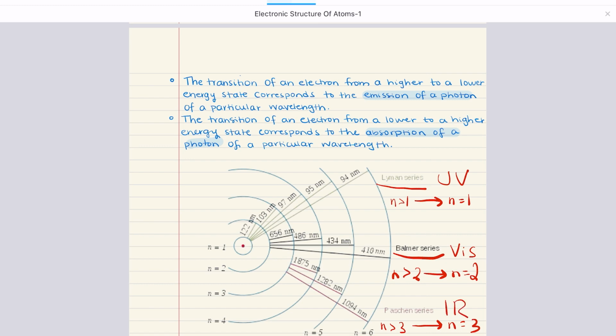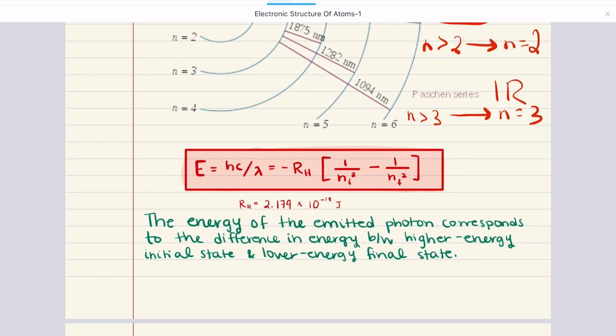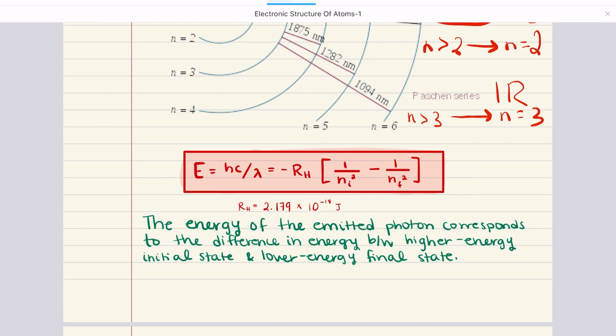Now, in addition, the energy of the emitted photons corresponds to the difference in energy between the higher energy initial state and the lower energy final state that we can calculate using an equation called the Rydberg formula. This equation is essentially saying the following. The energy of the emitted photon corresponds to the difference in energy between the higher energy initial state and the lower energy final state.